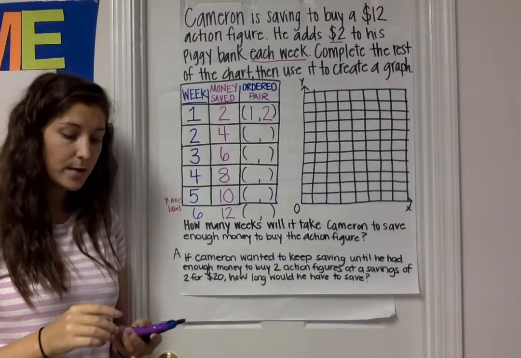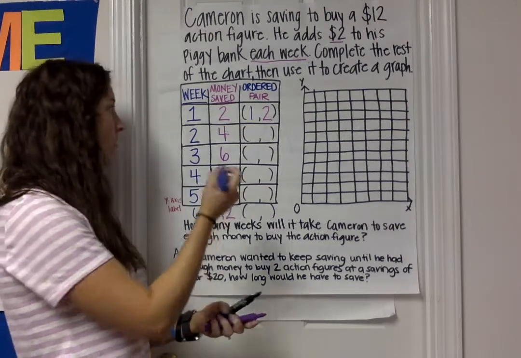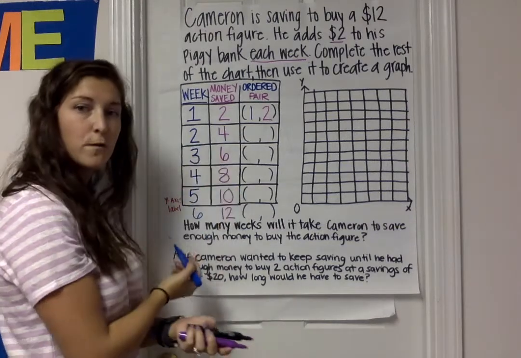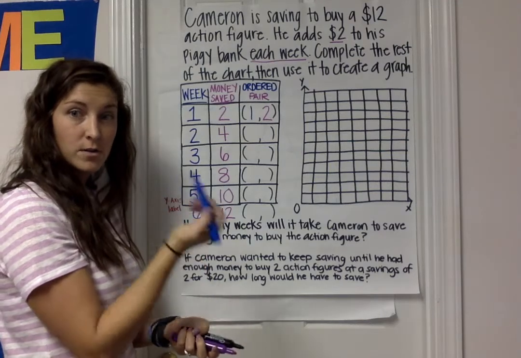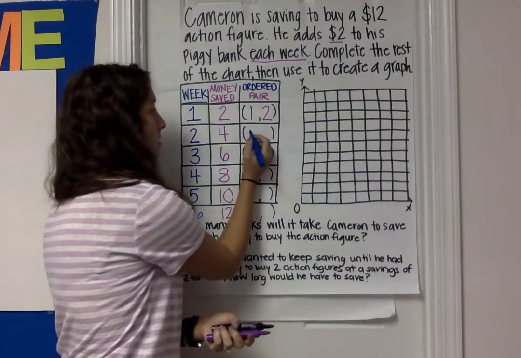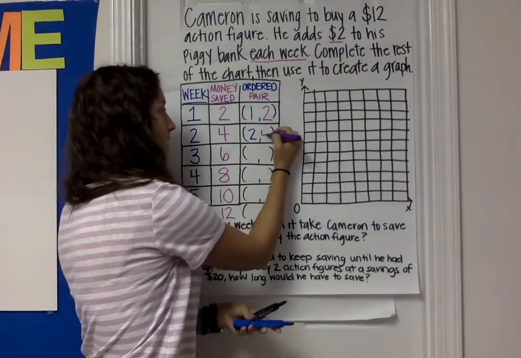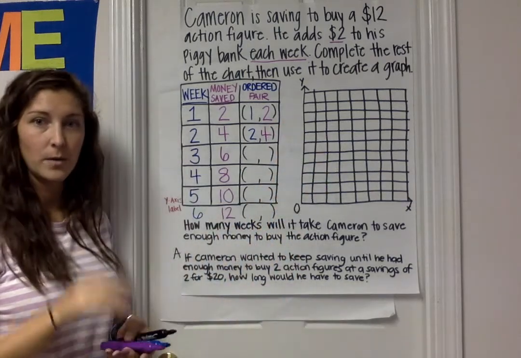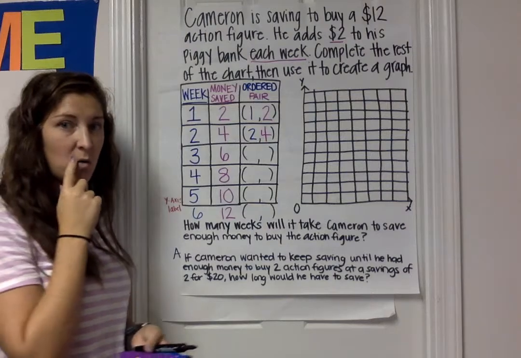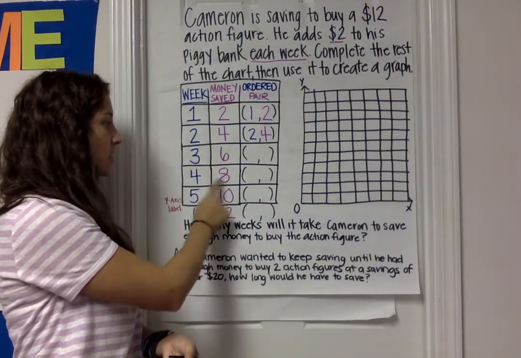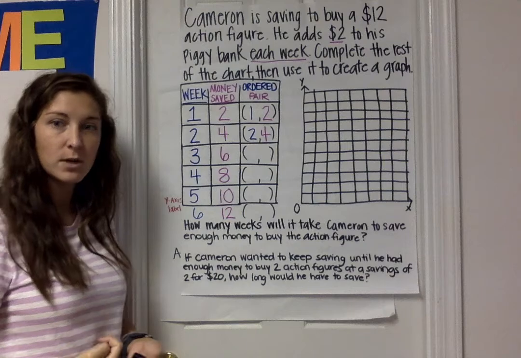Okay, so what about the next one? 2 weeks, $4 saved. So my x-coordinate is going to be the 2, my y-coordinate is going to be the 4. Okay, so think about what these next ordered pairs would look like.